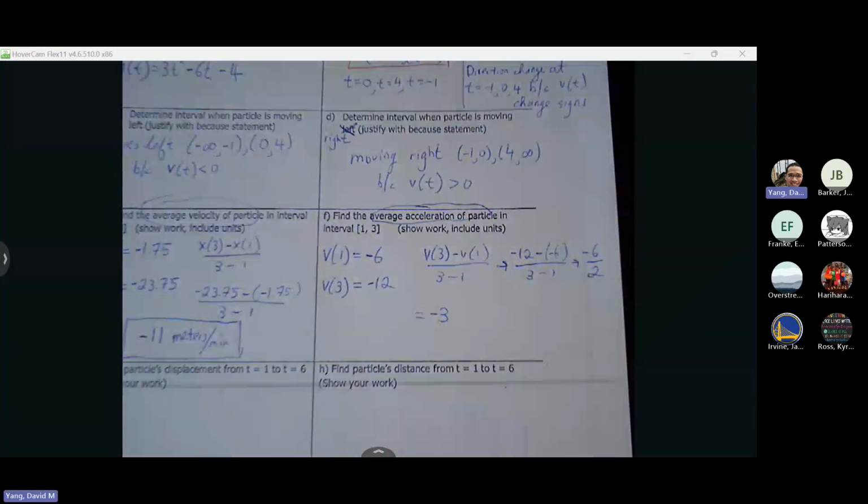All right, acceleration is meters per minute squared.